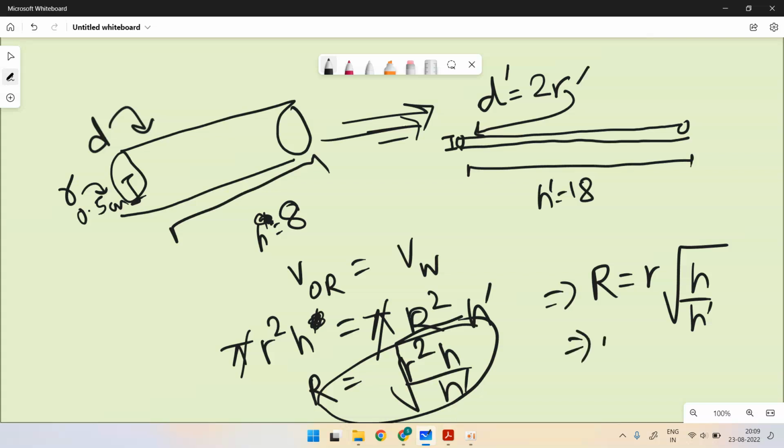If you simply put in the values, it solves for you: 0.5 root, what is h? h is 8 by 18. 2 4 the 8, 2 9 the 18, under root 4 by 9 is 2 by 3. So r dash equals 0.5 into 2 by 3.